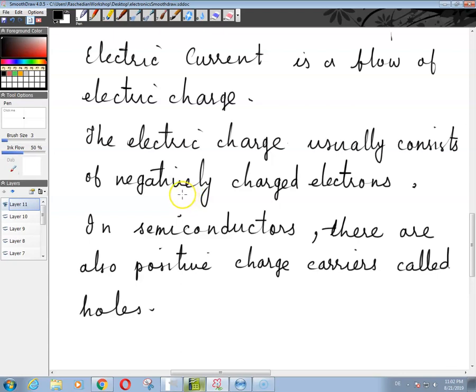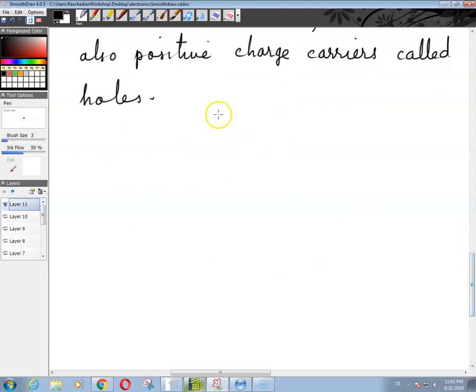Now there are different ways that, for example, let's suppose that your lamp is over here, and these wires are connected to your lamp.